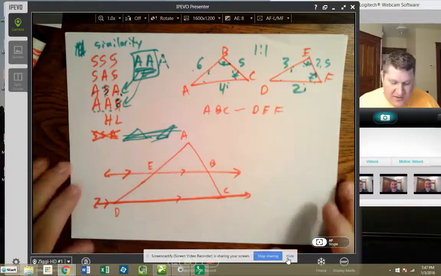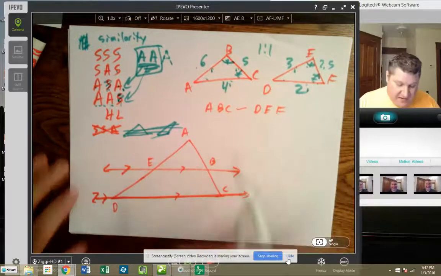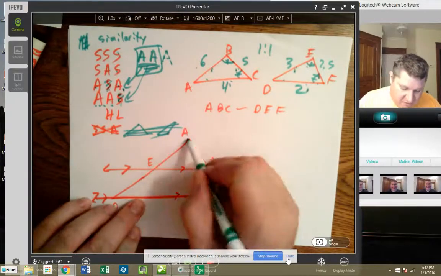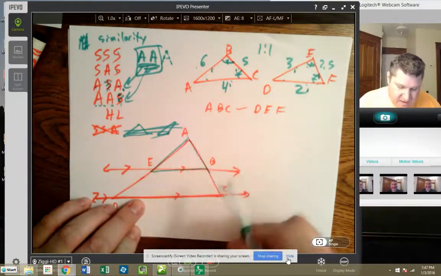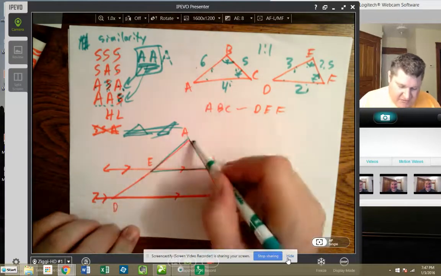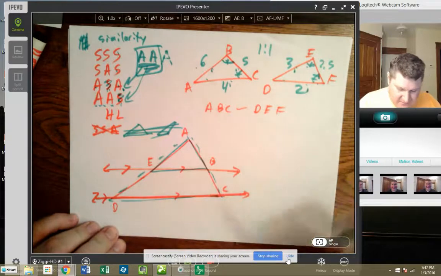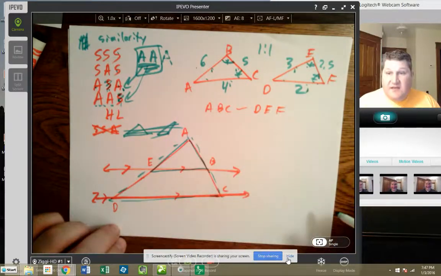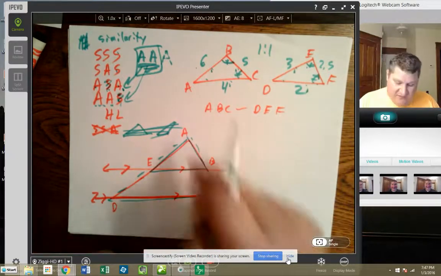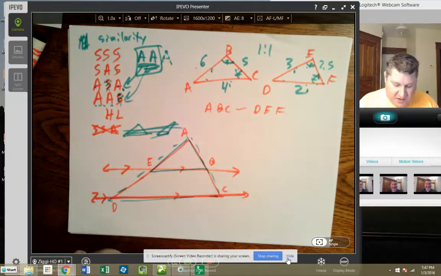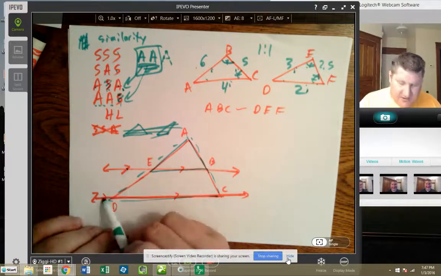Now, one thing that you might need to be careful of is, do we have enough to prove ABE similar to ACD? The question becomes, do I have enough between these two to make them similar? The answer is yes, I do, because I have two parallel lines.